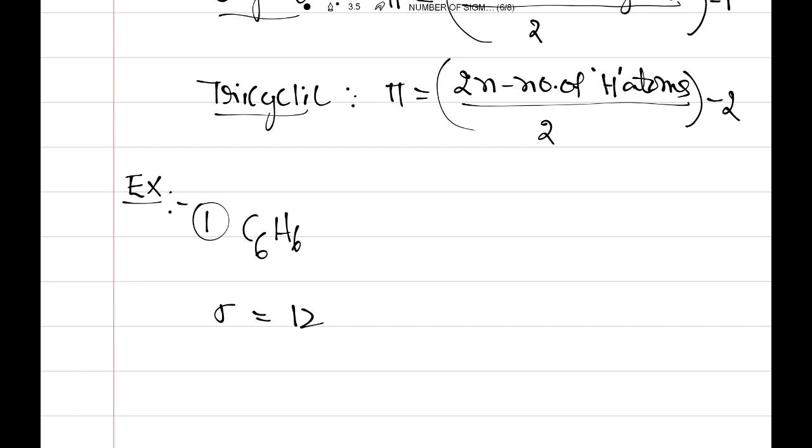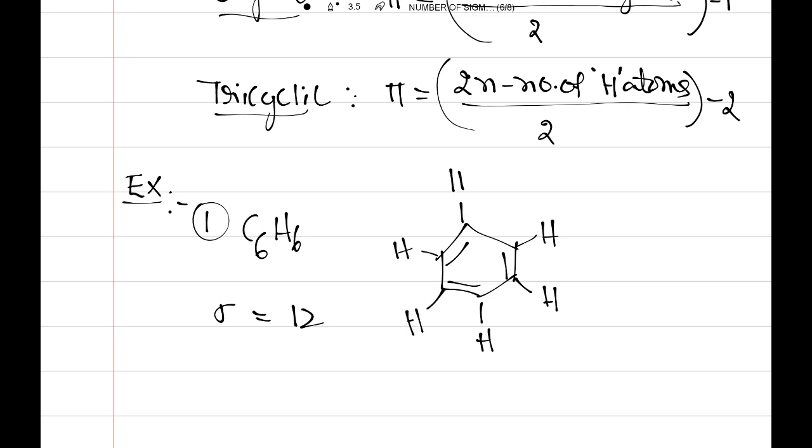If you want to check, each carbon atom has one hydrogen in benzene. There are 6 carbon atoms, and between carbon and carbon we have one sigma bond, so there are 6 carbon-carbon sigma bonds. Carbon-hydrogen sigma bonds are also 6. So the total number of sigma bonds is 12.